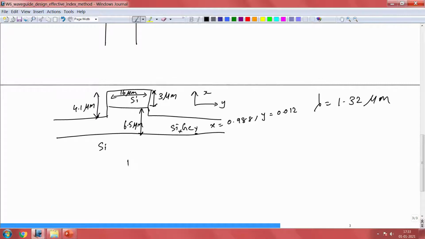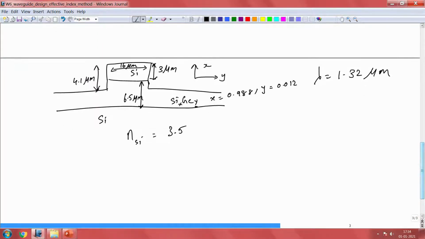So, the refractive index of silicon is 3.5 and the refractive index of silicon germanium we have, right, it's silicon plus 0.104 times x, right. So, the x whatever we have there. So, what is the percentage, the x is nothing but what is the percentage of germanium, okay.